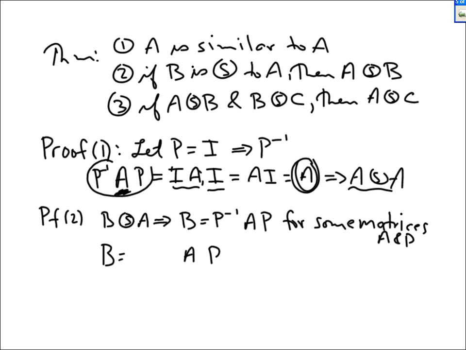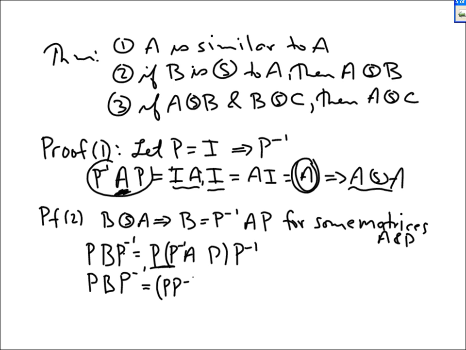Well, I'm going to solve for A. I want to get A. On the left, I'm going to multiply by P on both sides of the equation. And on the right, I'm going to multiply by P inverse. So I have P, B, P inverse. Now I have the associative law. I can group those two together.